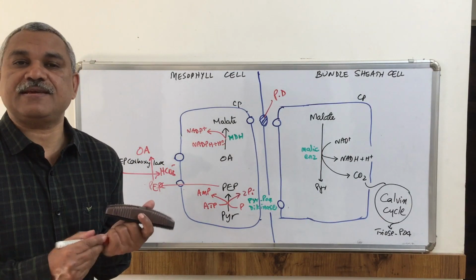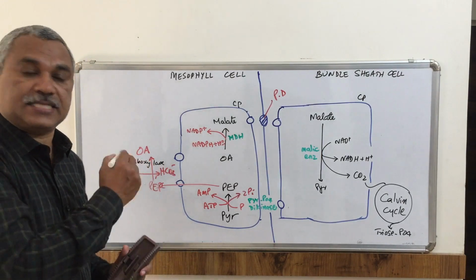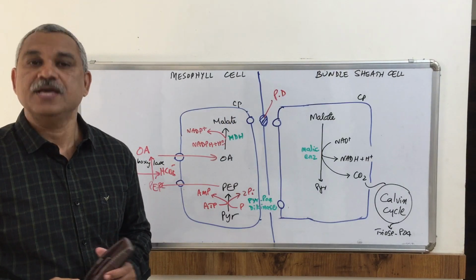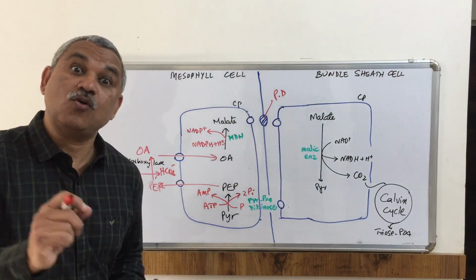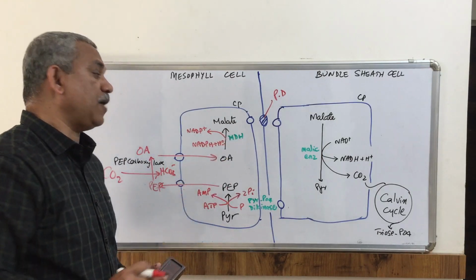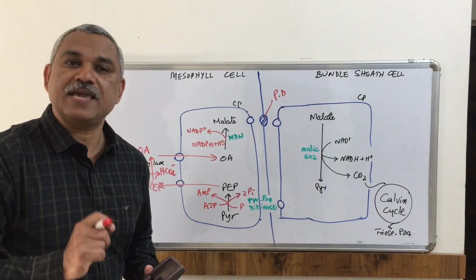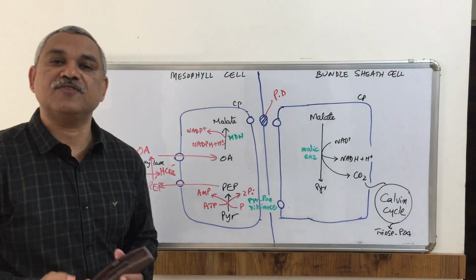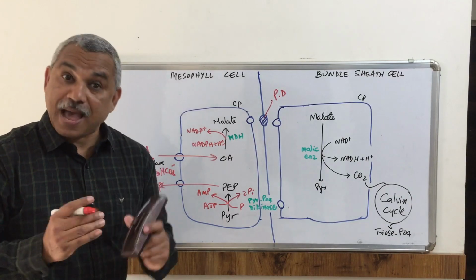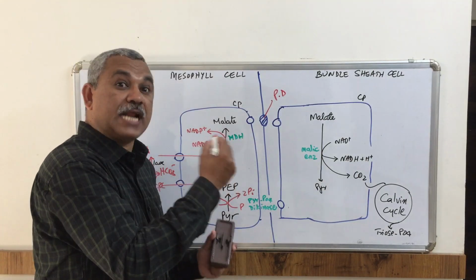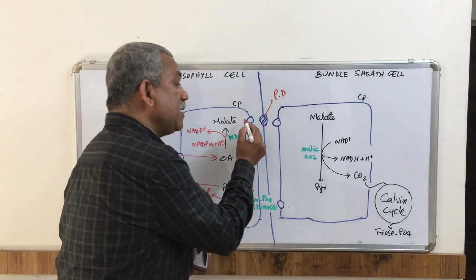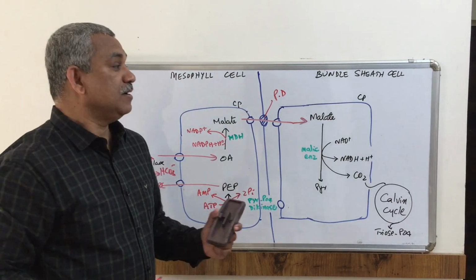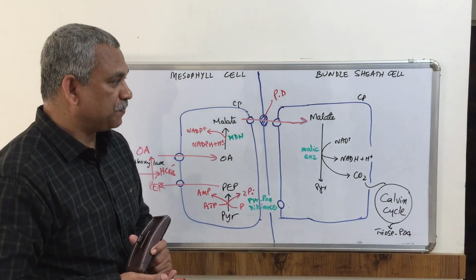Once the oxaloacetic acid is formed in the cell cytoplasm, it is taken inside the chloroplast. The oxaloacetic acid will undergo a reduction reaction with the help of NADPH. The enzyme is malate dehydrogenase. Oxaloacetic acid is converted to malate. Once malate is formed, it will be transported through the plasmodesmata into the chloroplast in the bundle sheath cell.